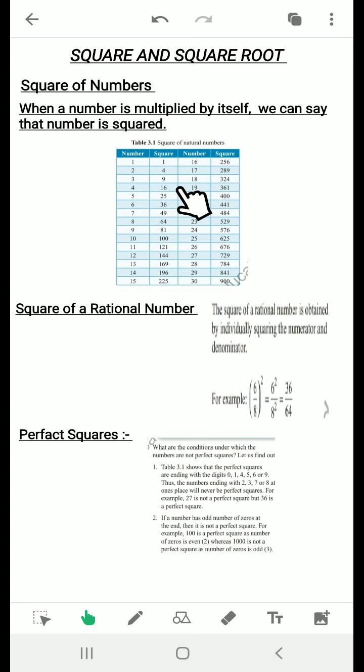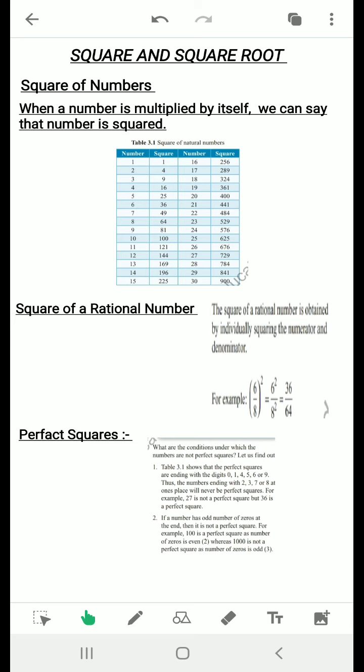The unit digit of a perfect square number will be either 0, 1, 4, 5, 6 or 9. A perfect square number cannot end with 2, 3, 7 or 8. On its one's place we cannot find a digit 2, 3, 7, 8. You can see in any of these numbers no number is ending with 2, 3, 7 or 8.